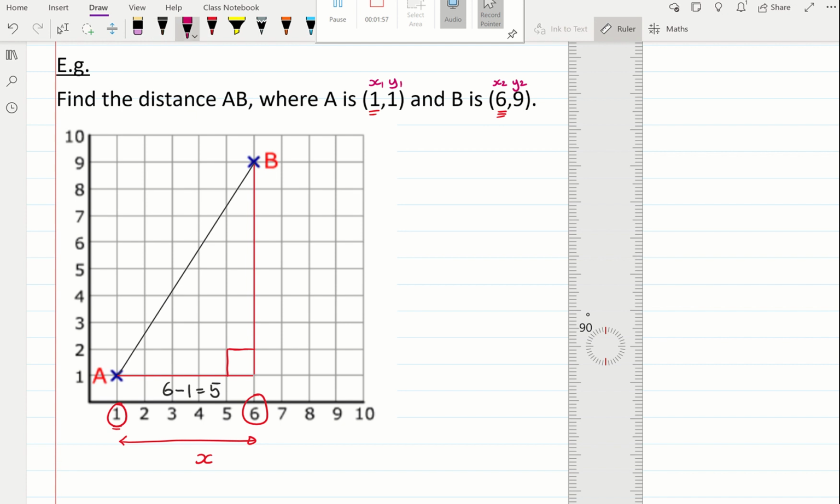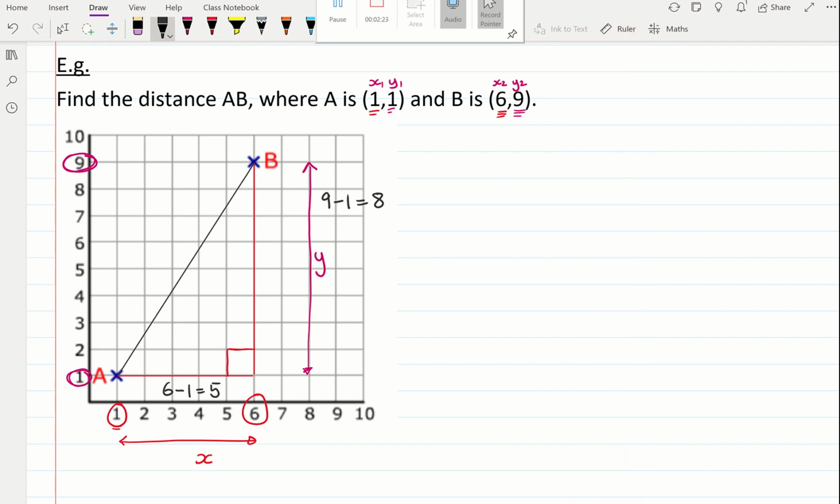And then the vertical distance, that's a very bad vertical line, the vertical distance, which is the y distance, starts with y is 9, which is this one, and ends with y is 1, which is that one. And therefore, this distance is 9 minus 1, which is 8. So what do I do to find AB?